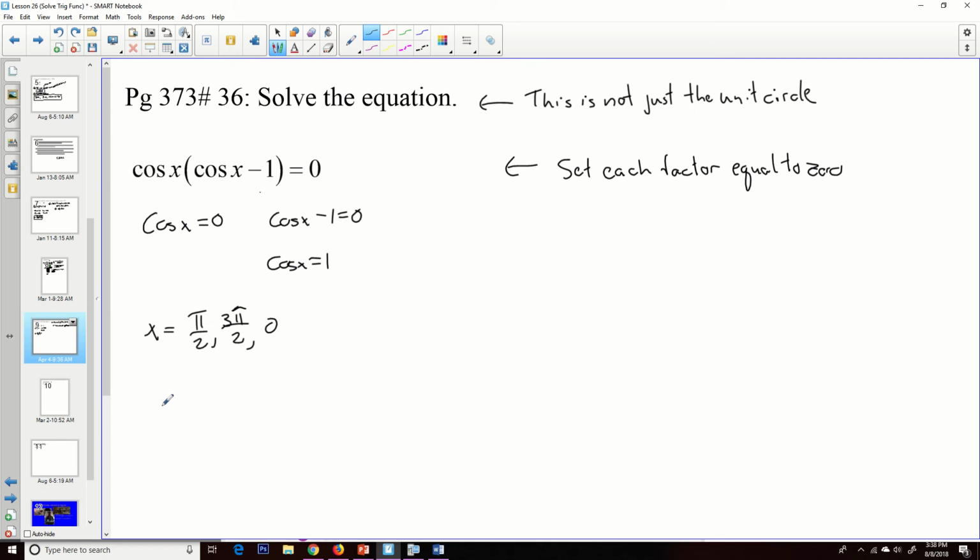So my final answer is going to be pi over 2 plus 2 pi n, comma 3 pi over 2 plus 2 pi n, and just 2 pi n, because 0 plus 2 pi n would just be 2 pi n, right? Where n is an integer.